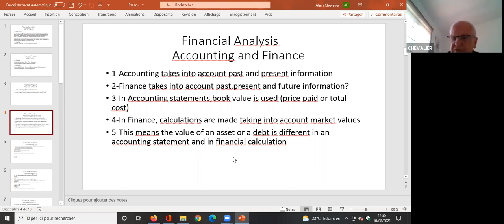So you find two different systems to calculate the value of the bonds. In your balance sheet, it's a very simple calculation using the amount of the issues at the beginning, and after that the repayments. When you use market value, it means if you want to resell your bonds, you are not really interested in these accounting calculations.